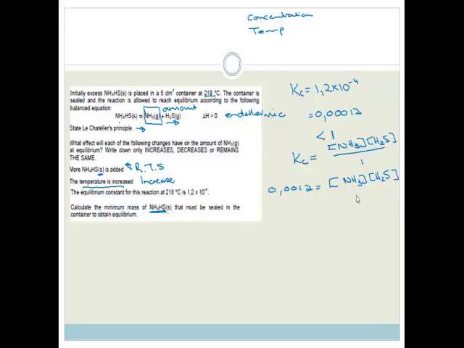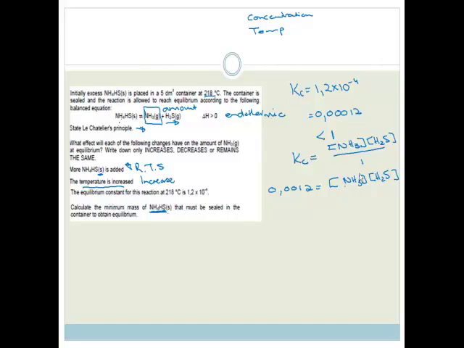Do you agree it doesn't really matter whether we're looking at ammonia or hydrogen sulfide? We're going to get the same thing because they are identical. So it's a 1-to-1 ratio.